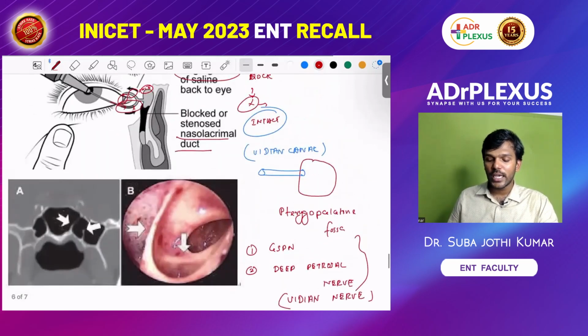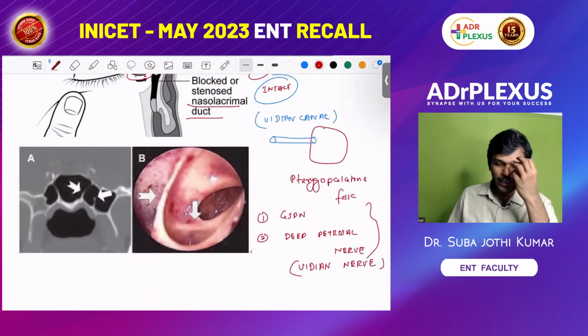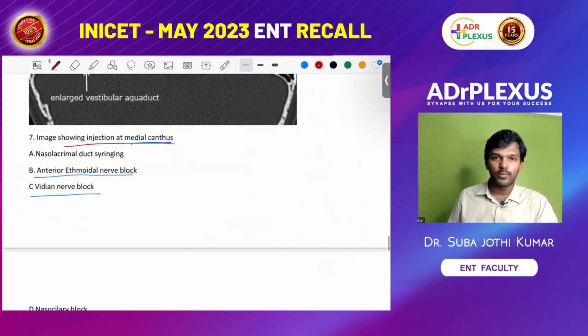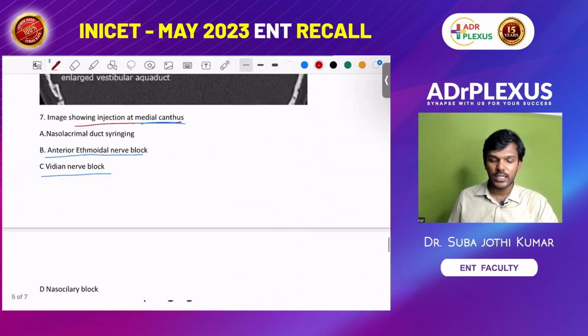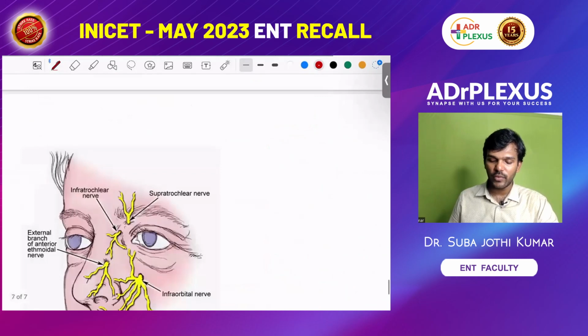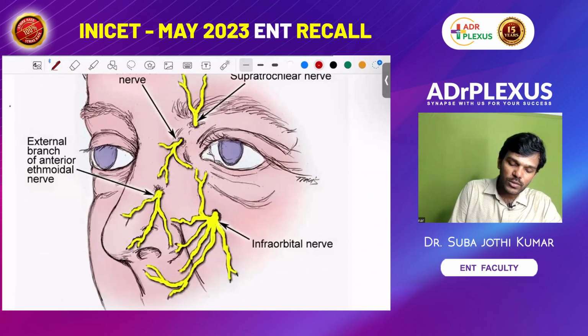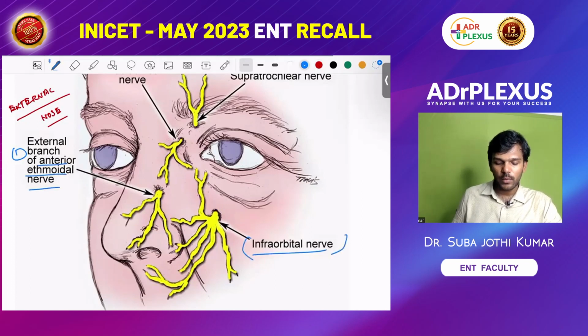Okay. So again, if at all you have to reach the median nerve, we could reach laterally, not like the middle canthus approach. So that is another option, which is median nerve block. Okay. So what is nasociliary block? That's what we already discussed. Anterior ethmoidal nerve block. See here, we are having the important sensory supply of the external nose: the anterior ethmoidal nerve, then a few parts by the infraorbital nerve.